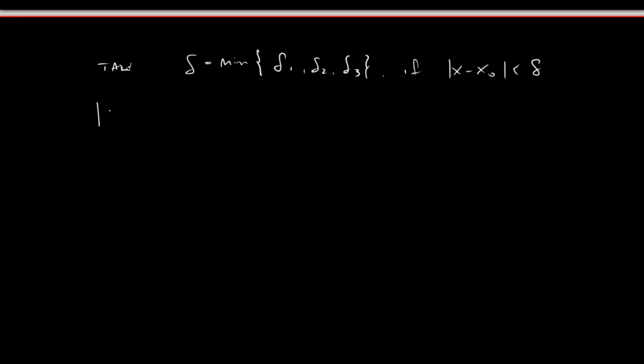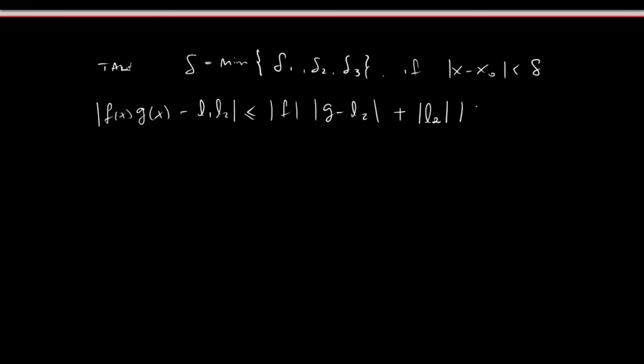So what we have was the absolute value of f of x times g of x minus L1 L2. We said that this was smaller than or equal to the absolute value of f times the absolute value of g minus L2 plus the absolute value of L2 times the absolute value of f minus L1. And now we're going to try and bound this. We start with f.